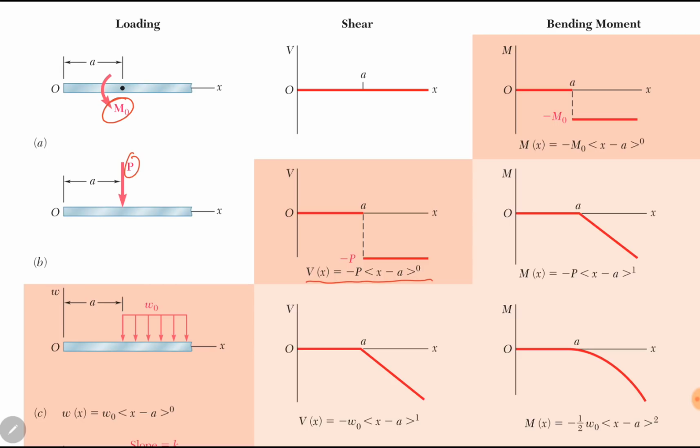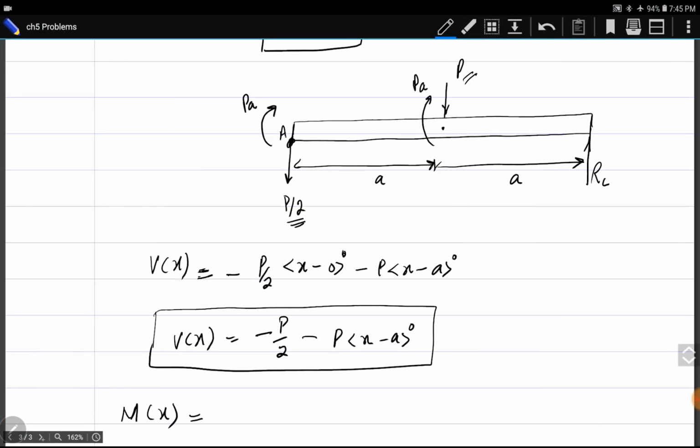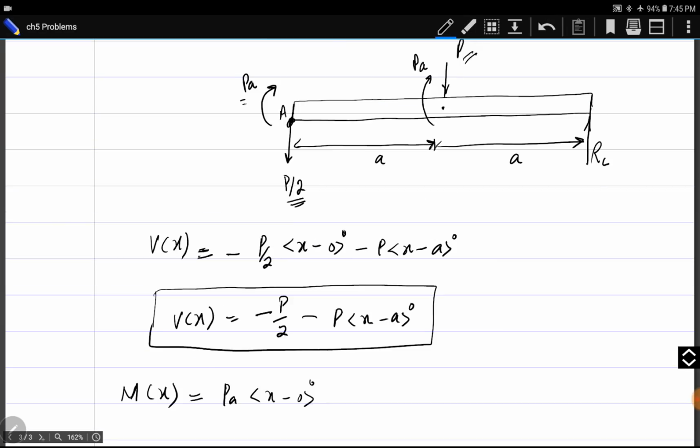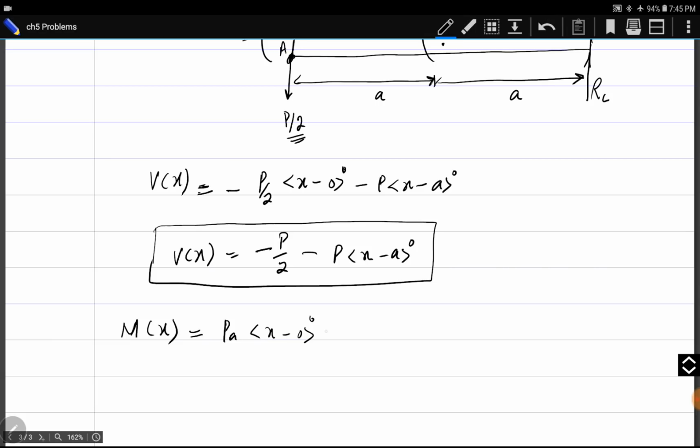Remember that this one is a counterclockwise moment. For a counterclockwise moment, the singularity function is minus M naught into x minus a power 0. In our problem we have clockwise moment, so we will use a positive sign in our case. Positive sign with moment into x minus a power 0. So here moment is PA, it is clockwise, so it will be positive. X minus 0 power 0, it has 0 distance from the left hand. And for this moment PA, again plus PA x minus a power 0.